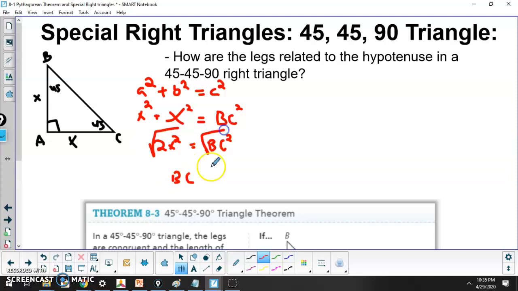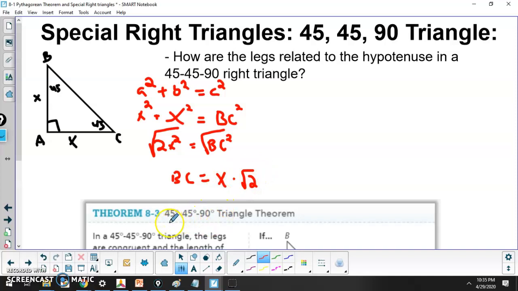The square root of x squared is simply x, because the square root undoes the square, so BC is equal to x times the square root of 2. In other words, the hypotenuse is always the square root of 2 times whatever the leg is. So the leg is x, and the hypotenuse is square root of 2 times x.